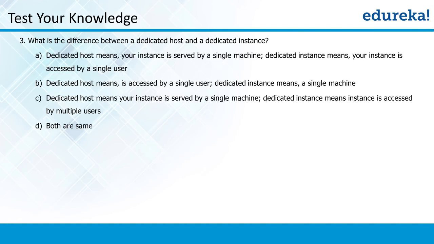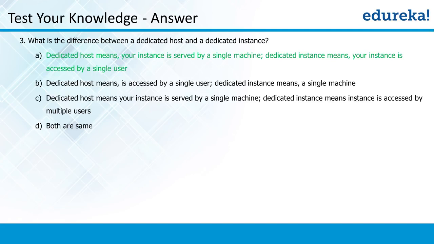Then the next option is the reverse: host is accessed by a single customer, instance means a single machine. And there are other variations of the same theme: host is a single machine, however dedicated instance means that the instance is accessed by multiple customers. So this is a bit confusing.